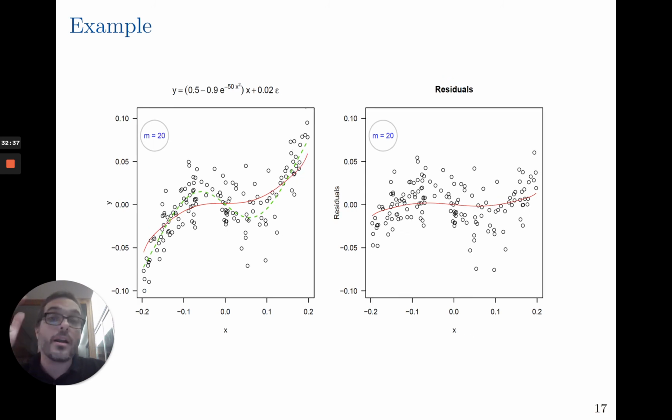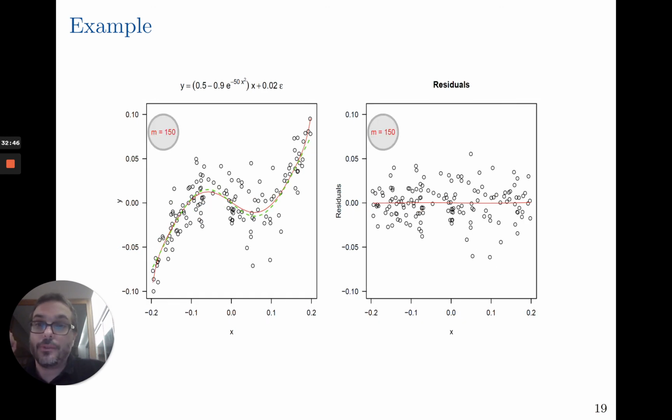We're still far from approximating the green dashed line, but we are getting closer. 30, 150, pretty close, huh? So basically what we have as residual is something that's constant, so no further improvement. So that's the idea.